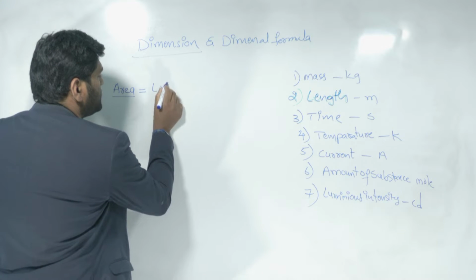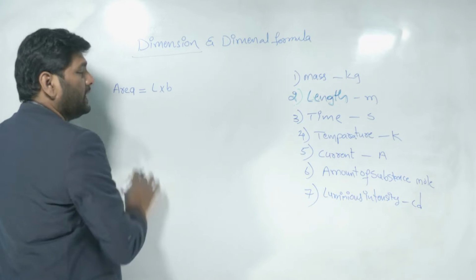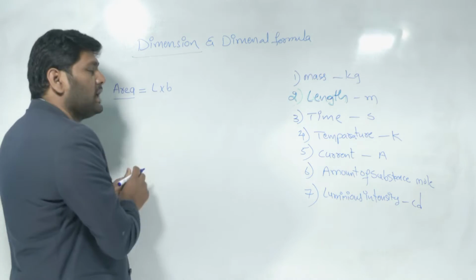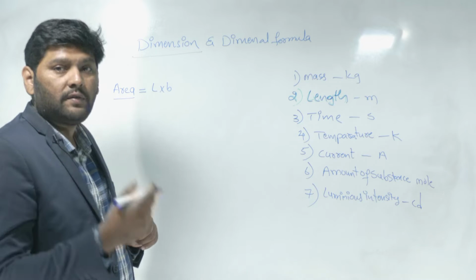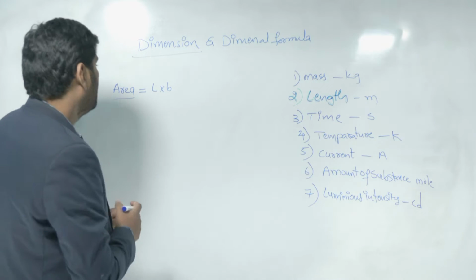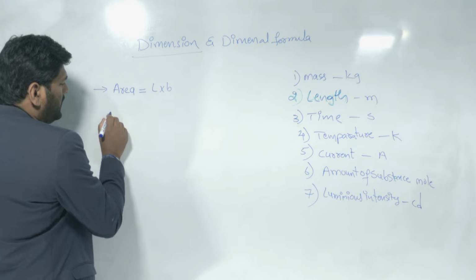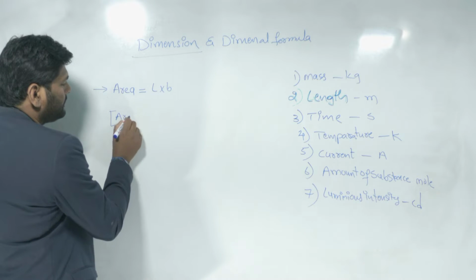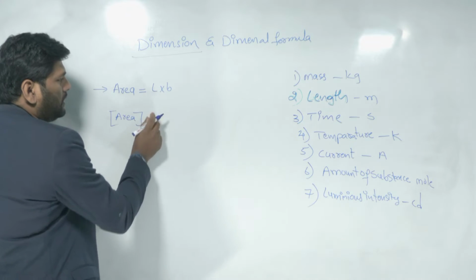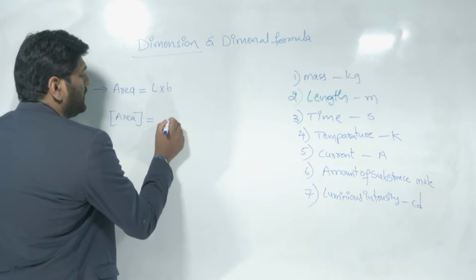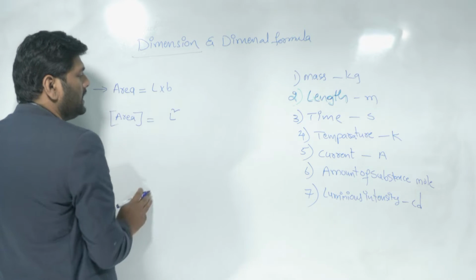Length into breadth. Now, how do you write this area in terms of fundamental quantities? Area is equal to length into length, which becomes L square.